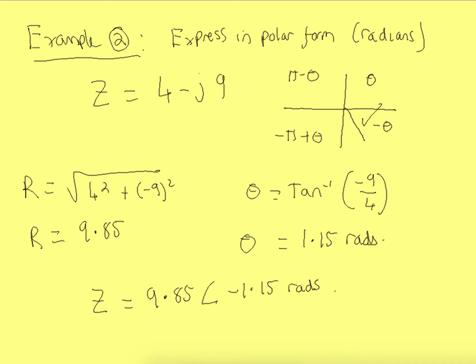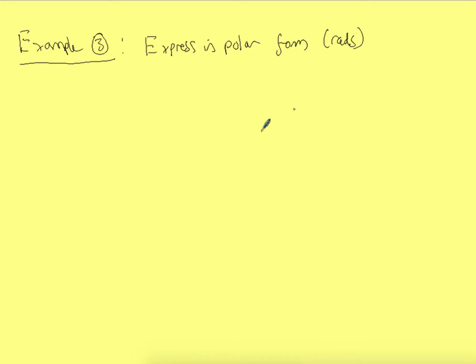I'll just do one more example just to make sure everything is all fine. So express in polar form again, and this time in radians. Z equals negative 12 plus J7.